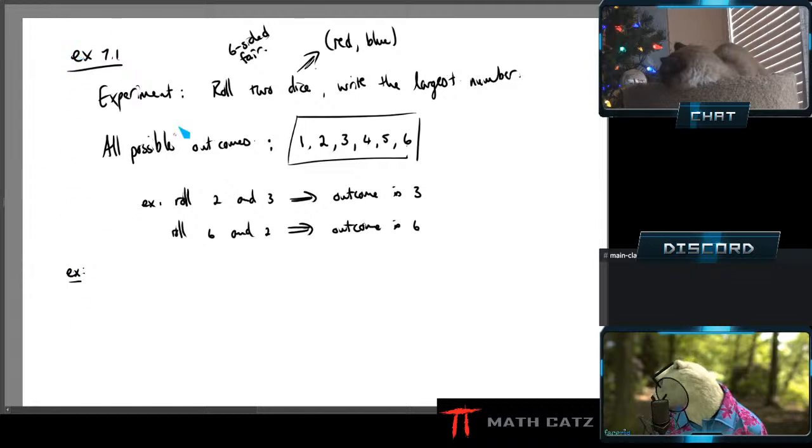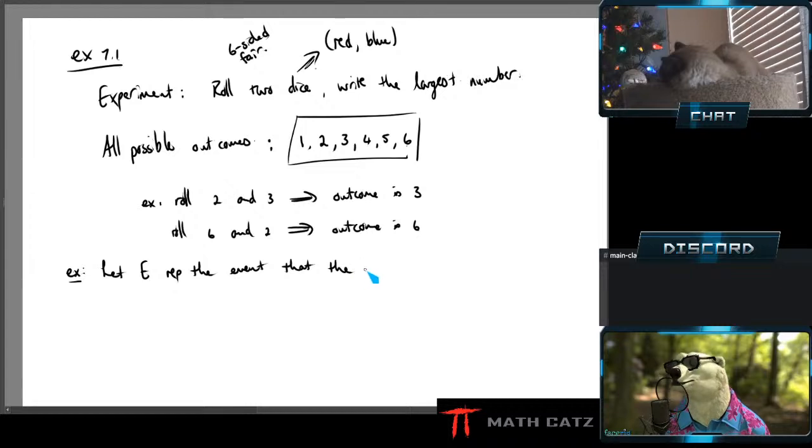So then I can now give another example, continuing this. Let's call E the event that the largest number on the dice roll is, let's go with 2.